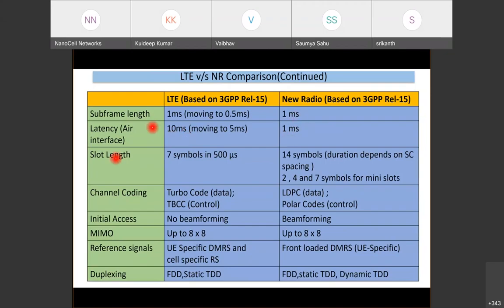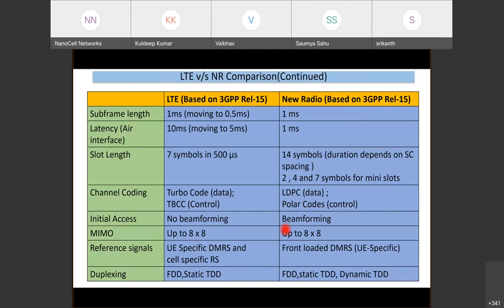Remember, slots are very important for 5G because we have those 14 symbol based slots, and sub-slot allocations are also possible. Though I did not go into it, a major change in error control coding, LDPC, supports high data rates, with control going polar. Okay, this is a very important change. Even initial access steps, very important for FR2 with beamforming.